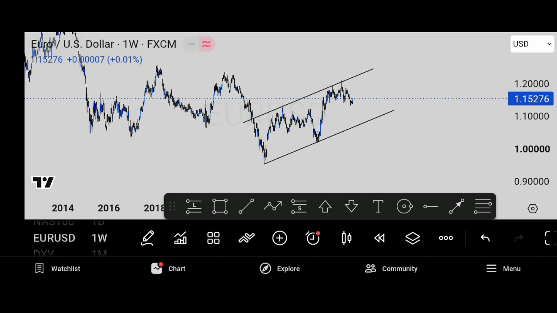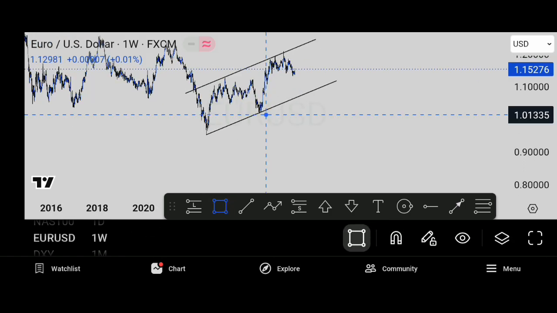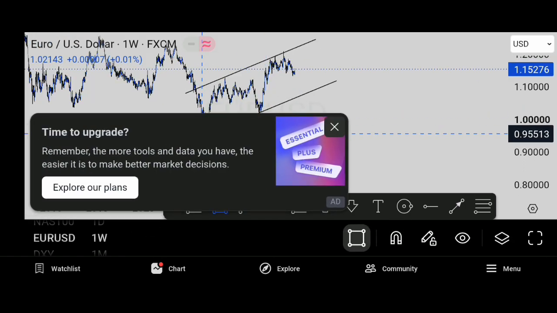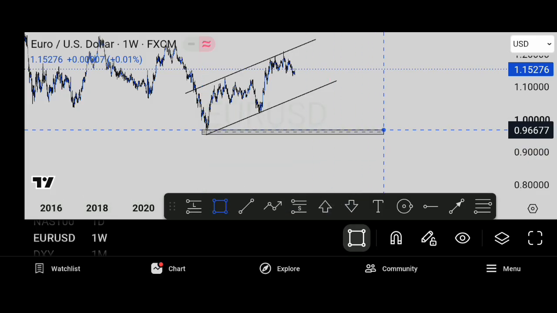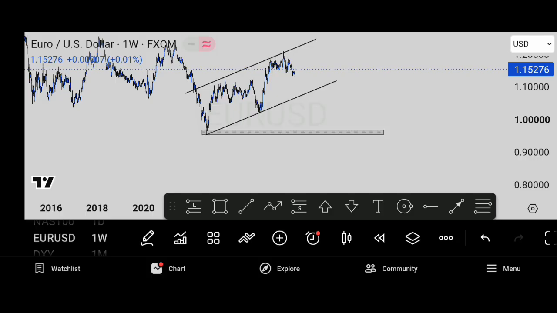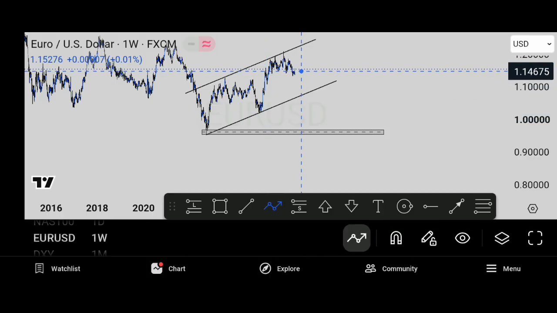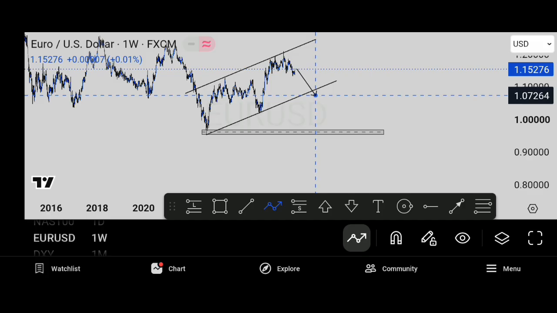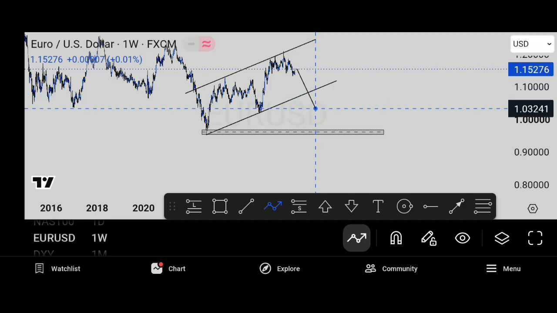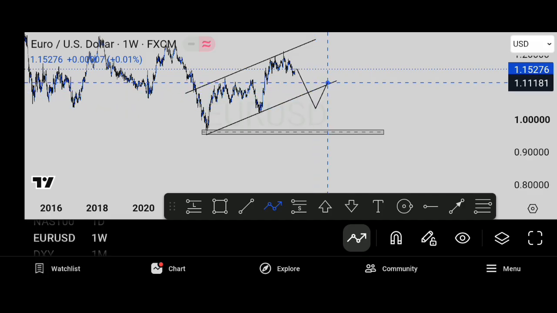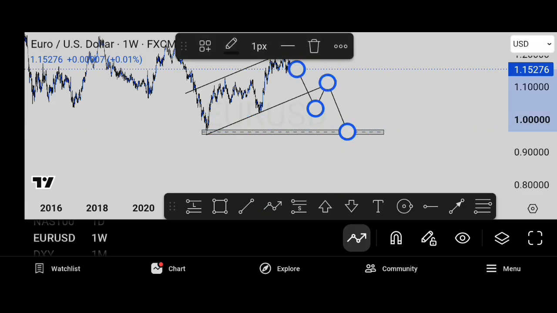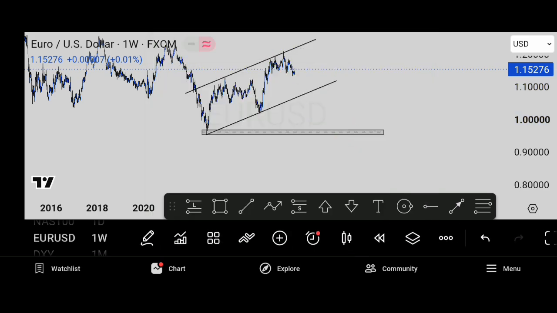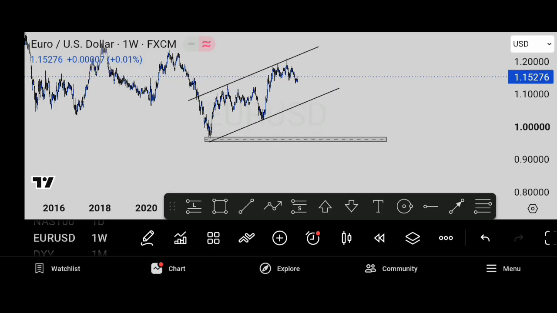So I'm just gonna place my zone here like so, and I'll be expecting price to continue moving to the downside and possibly give us that breakout and a retest and continue selling, right? So for the entire month of August, this is what I'll be expecting, right? I'll be expecting Euro USD to continue moving to the downside.